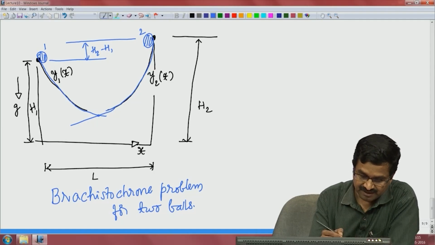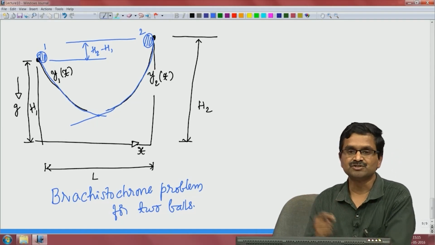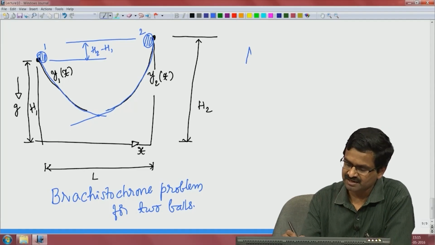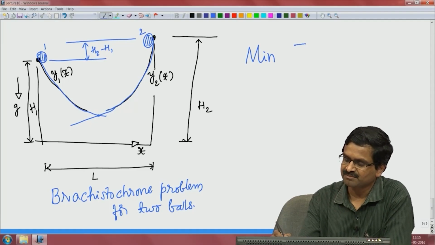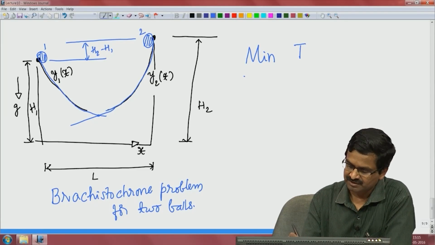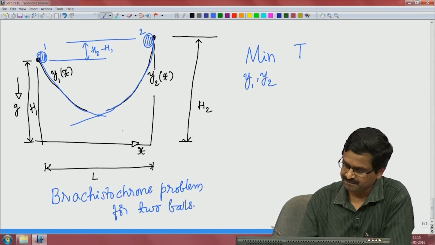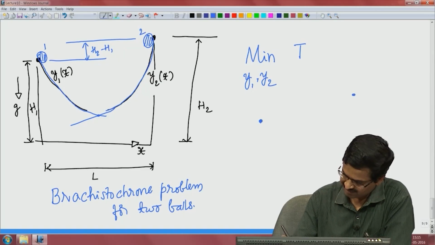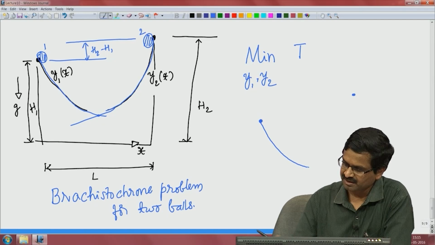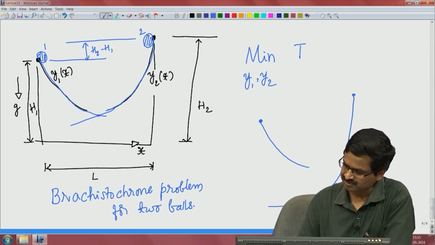But the time taken by the balls before they hit needs to be minimized. So, if I can say minimize the time taken, okay, with respect to two functions y1 y2, okay. If y1 and y2 are different, let us say I take this point and this point, I take y1 let us say properly like a cycloid, let us say y2 I take a curve that goes something like this.